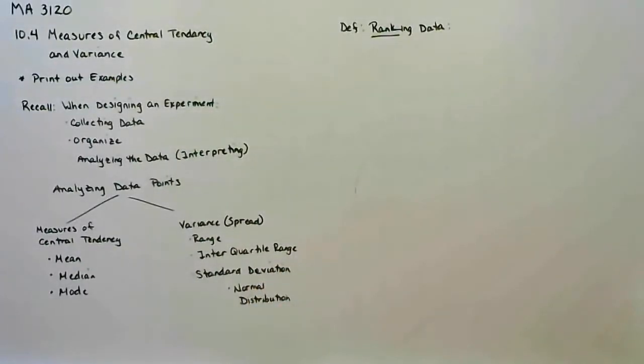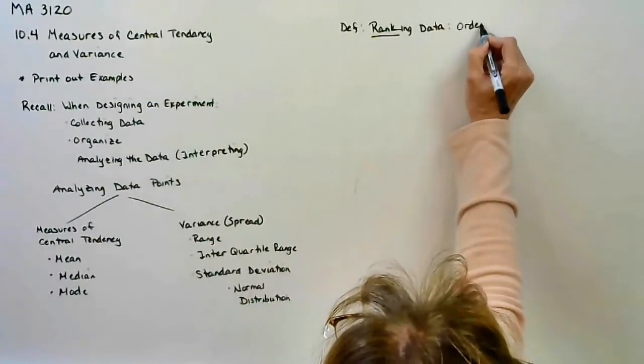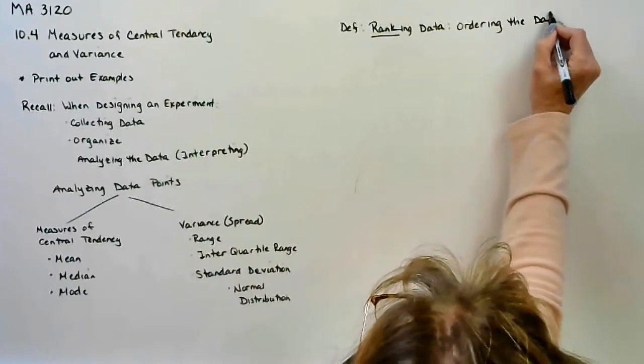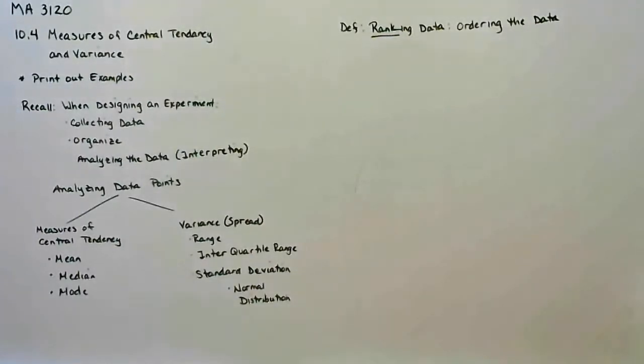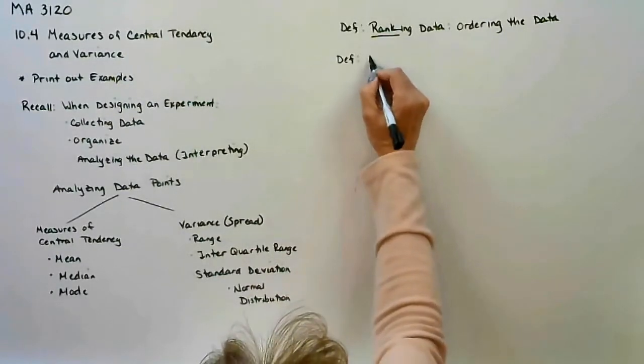Now that order can be from least to greatest or greatest to least, but just put them in order. So this is ordering your data. Either least to greatest or greatest to least.